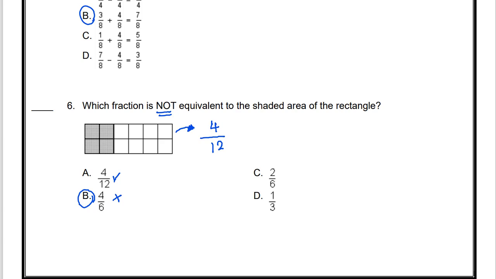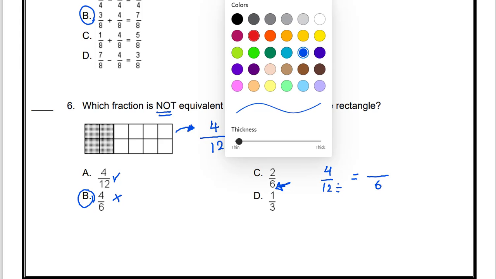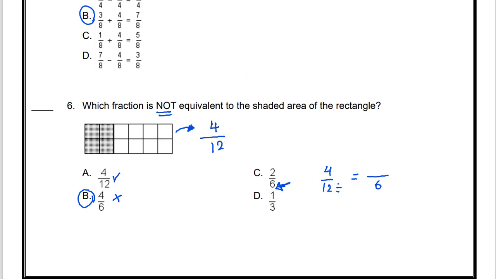Okay, so let's check this. I want 4/12 to have denominator 6, like this 6. How to do this? Divide, of course, because 12 is greater than 6. Divide by what? By 4. Divide 12 by 4 to get 6.